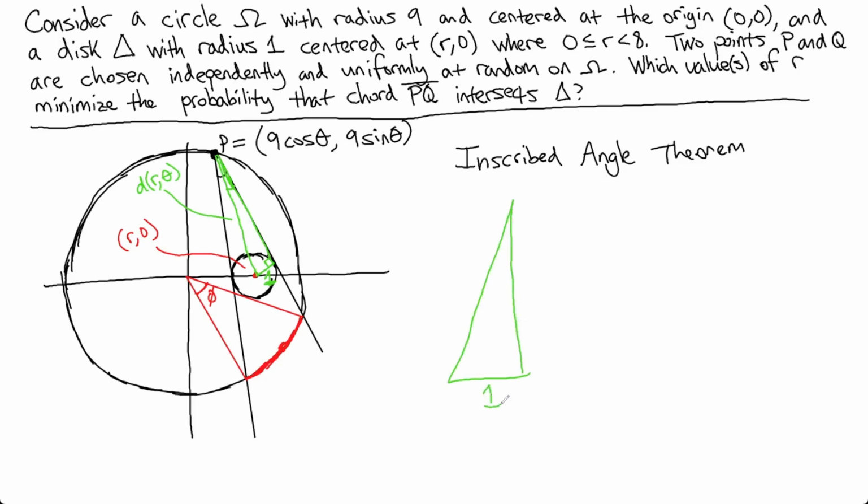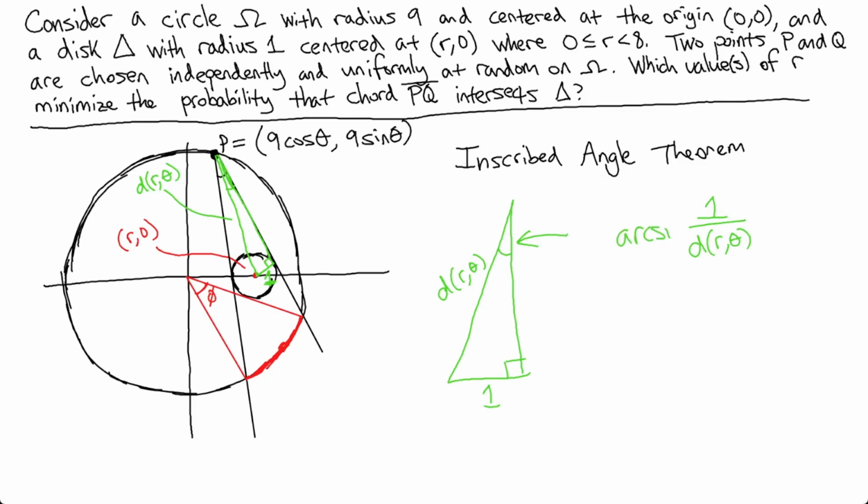Here's that green triangle again, and its side lengths. To calculate this angle, we just recognize that whatever the angle is, we know what sine of it is. Sine of that angle is going to be this.